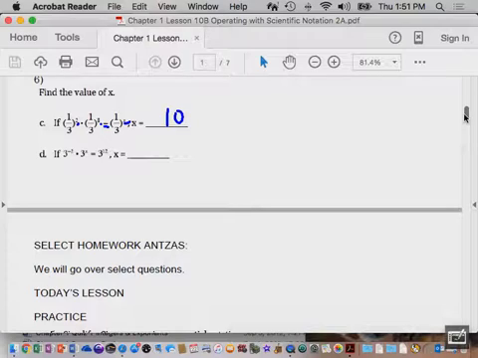Next up, if 3 to the negative 2 times 3 to the x is 3 to the 12, then x equals, this is a little tricky here, 14. Nicely done. Very cool, very good. Any questions? How did you get 14? Because negative 2 plus 14 is 12.